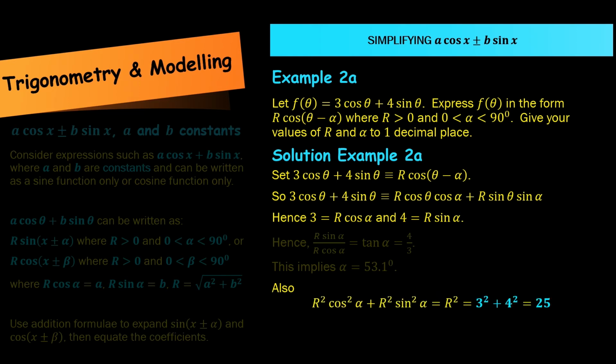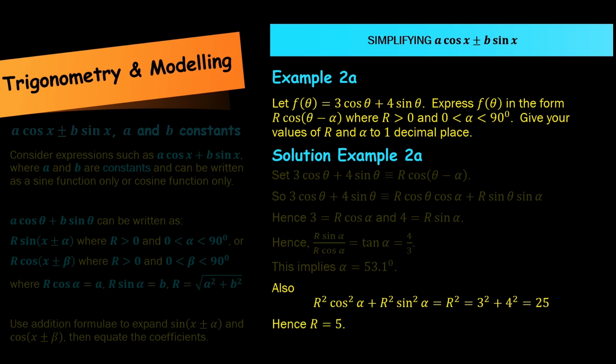And therefore R squared equals 3 squared plus 4 squared, which is equal to 25. Therefore, R is equal to 5.